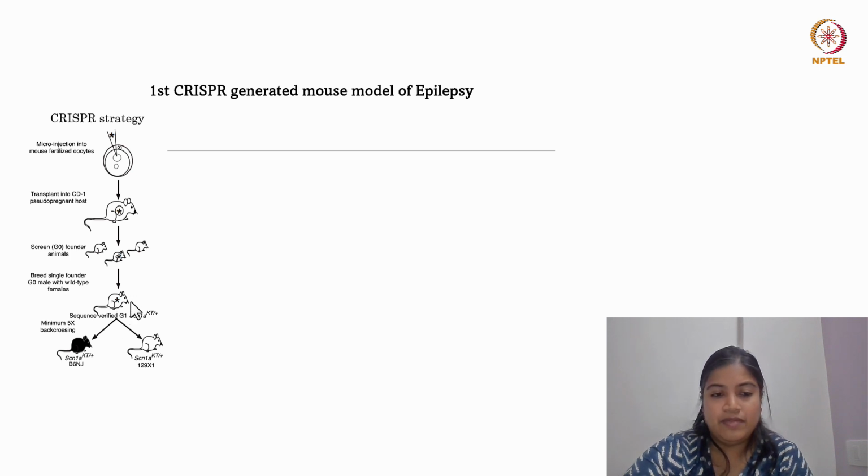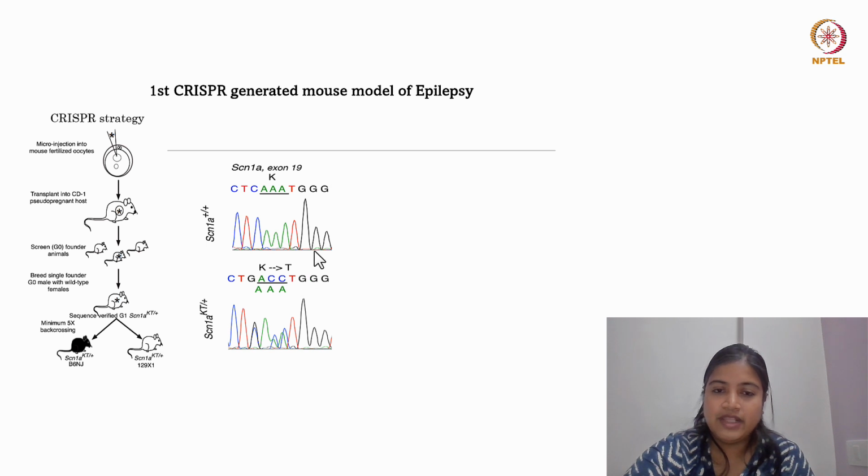Then we mated that founder male with two different strains of mice which have been used in epilepsy research, so that we could study the genetic background effects of the mutation. But for most of my talk from now, I will focus on only one strain, which is the B6N strain.